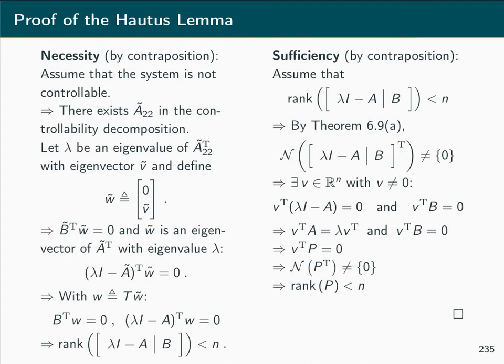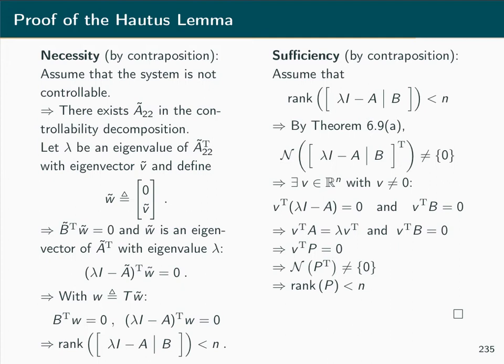Therefore, with the definition of the vector w as T times w tilde, it's easy to verify that also B transpose w is equal to 0 and lambda I minus A transpose w is equal to 0. Hence, we have found a vector w in the null space of the transpose of this matrix, and therefore the rank of this matrix must be less than n.